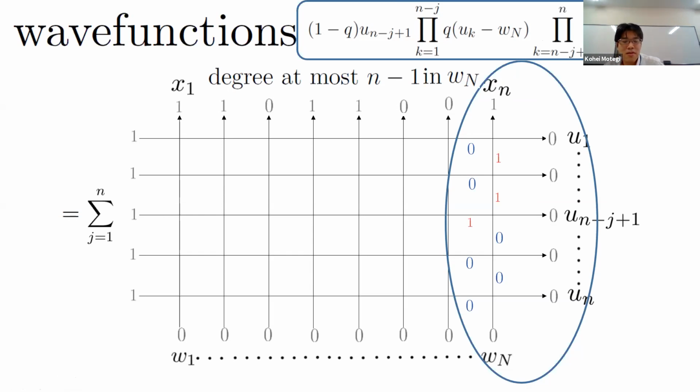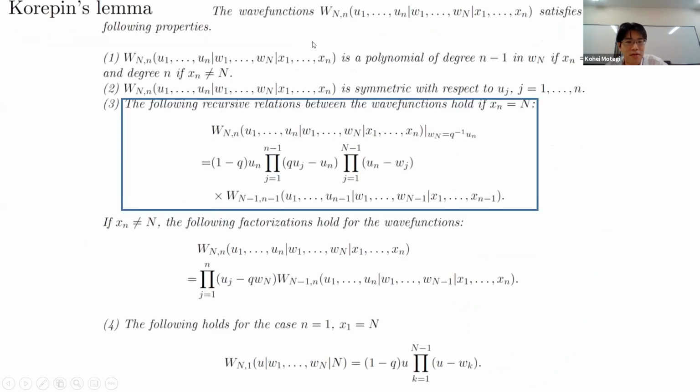Okay. So now we have checked this first property. And now let's see this recursion, this evaluation.